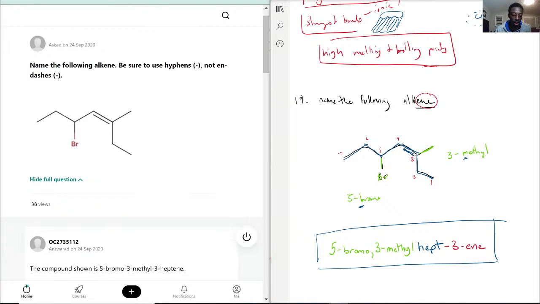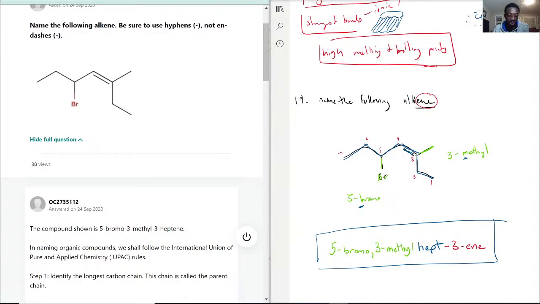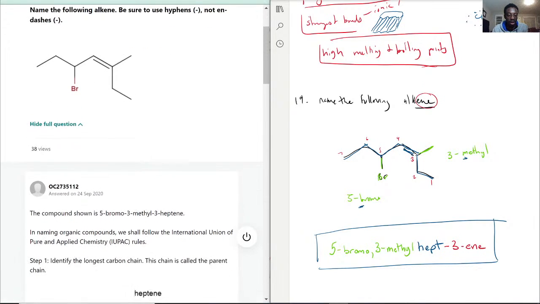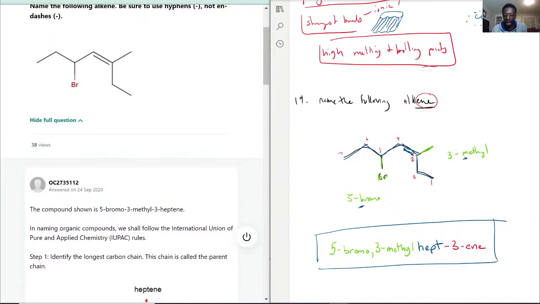Okay, let's see how we did. 5-bromo, 3-methylheptene. So they do have a comma here. Depending on how they want it to be done, I like using the dash better than the comma, because usually the comma is used to separate numbers.